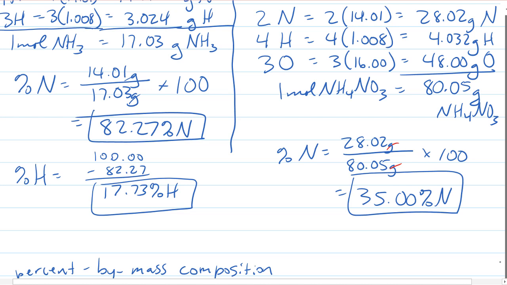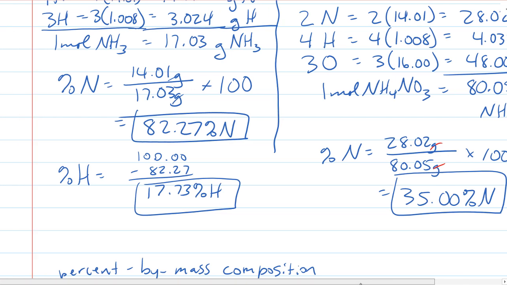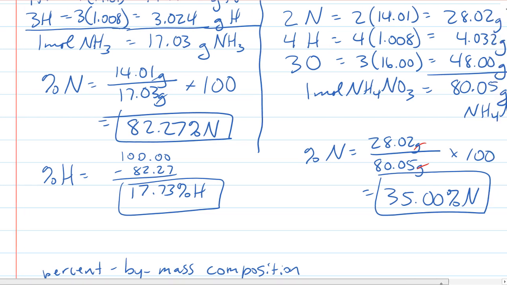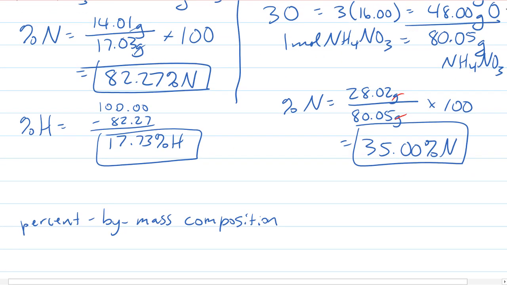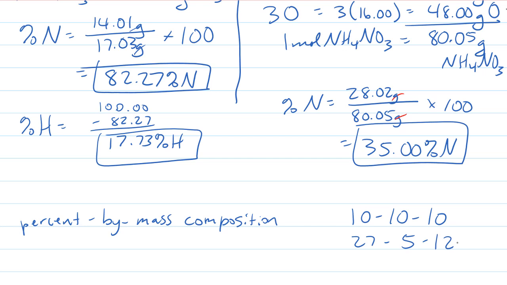If you were to wind up purchasing fertilizer, you would go into the store and you're going to see some numbers that are written on the bags. For example, you might see a number written like this as 10, 10, 10. You might see something like 27, 5, 12. And those numbers are going to appear on the container of fertilizer that you buy.